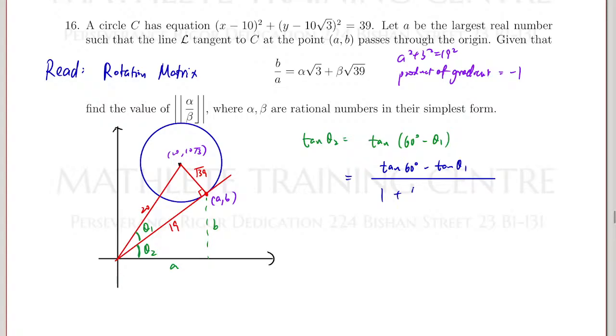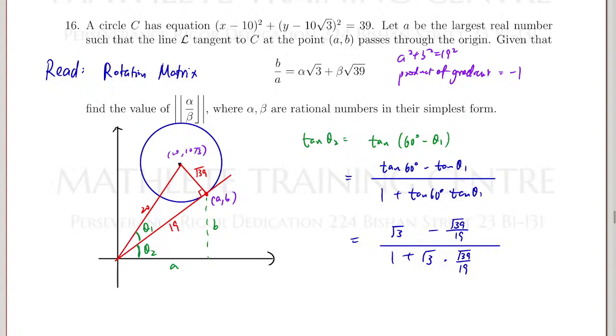And the good thing is that I know the value of tangent of theta 1, right? Based on the diagram. Okay, firstly, tangent of 60 degrees is square root 3 over 2. Wait, no, that's not correct. Sorry. Tangent of 60 degrees is square root 3. Based on the diagram, tangent of theta 1 is what? Is square root 39 over 19. So that's where you can already see these numbers come from, right?